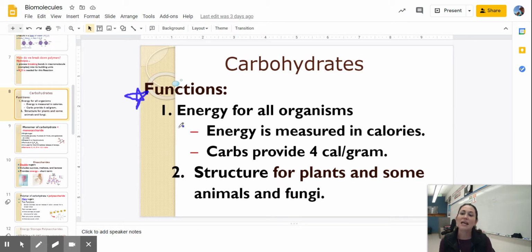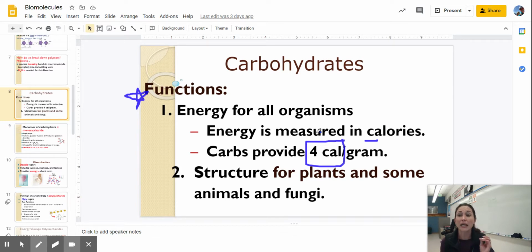Carbohydrates are the immediate energy that all organisms use. And we've talked about, and we did this in our food burning lab, how do we measure that energy? We measure it in calories, which is the amount of heat that's produced by the food as it's burned, and how much it raises 1 gram of water, essentially. And what we find in carbohydrates is that there's essentially 4 calories per gram of carbohydrate.